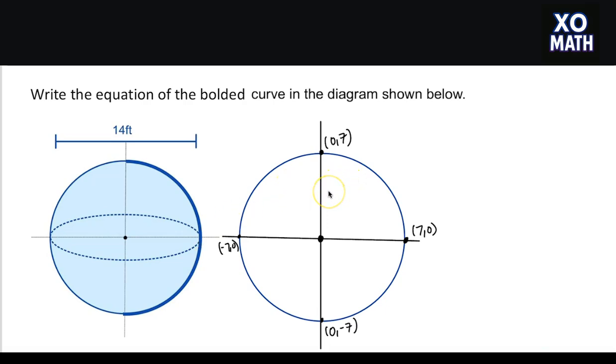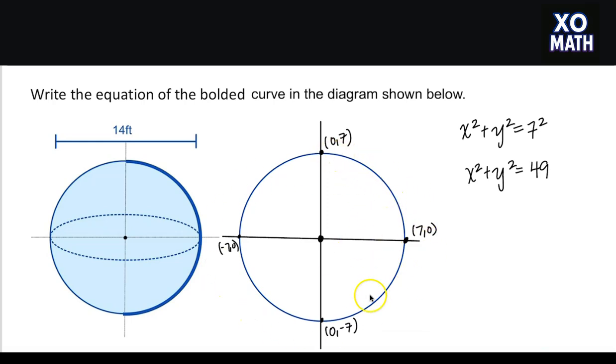Okay, so how do we find the equation of a circle centered at the origin? It's really nice. The equation is x squared plus y squared is equal to the radius squared, 7 squared, which is 49. So x squared plus y squared is equal to 49 is the equation of the entire circle.